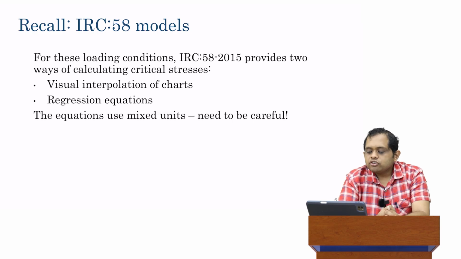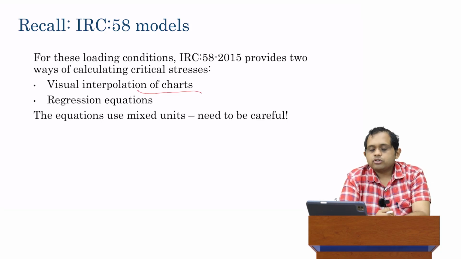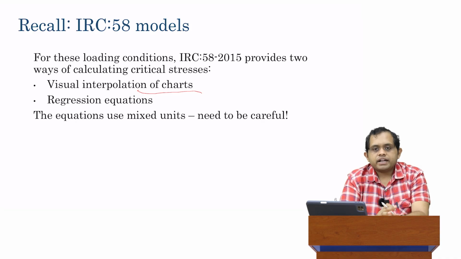So, as I mentioned previously, for these so-called critical loading conditions, IRC 58 provides us two ways of calculating the critical stresses. One way is using visual interpolation of charts. What they did is, for each of these critical load conditions, actually this is only provided for bottom up, but for a variety of conditions, for different axle configurations, different axle loads, different temperature differences, different thicknesses and different K values.